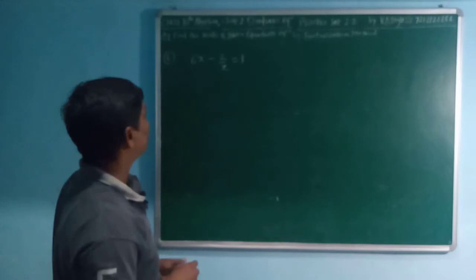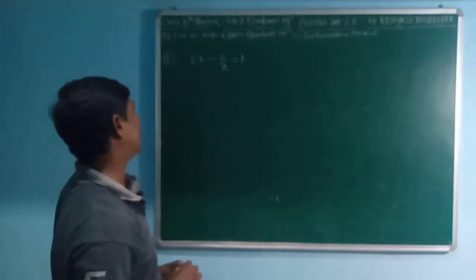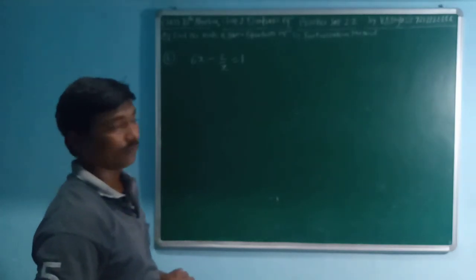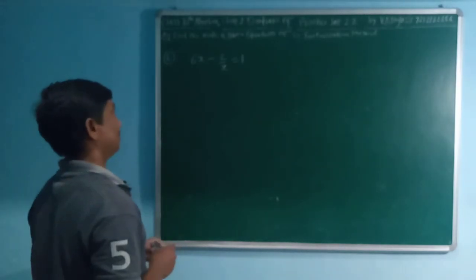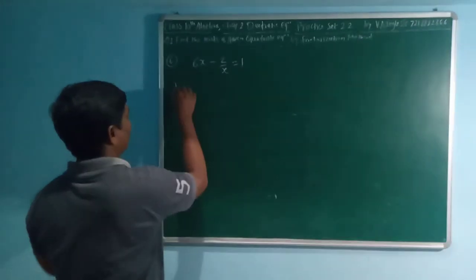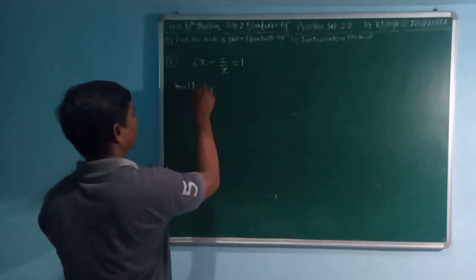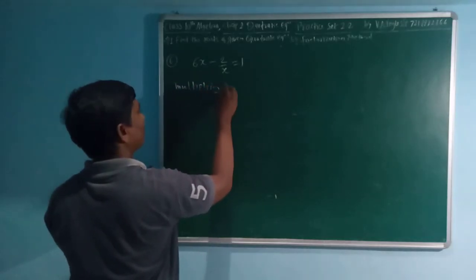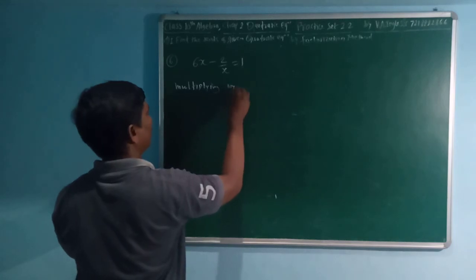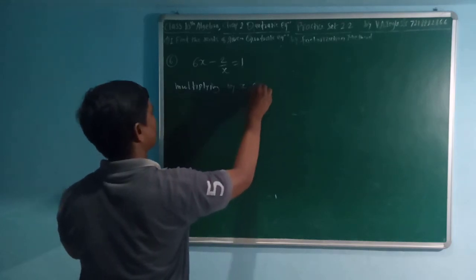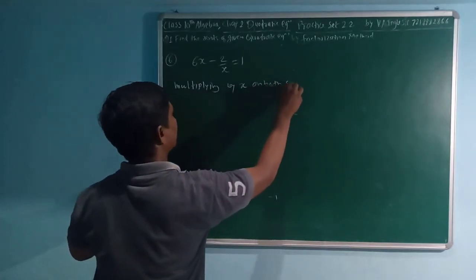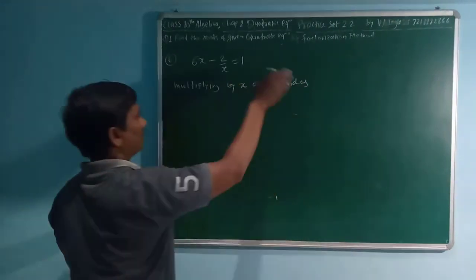Now again, see, the quadratic equation given is not in the general form, so you have to convert this into the general form first. So we'll multiply this equation by x on both sides.